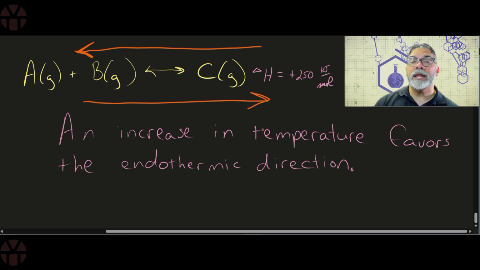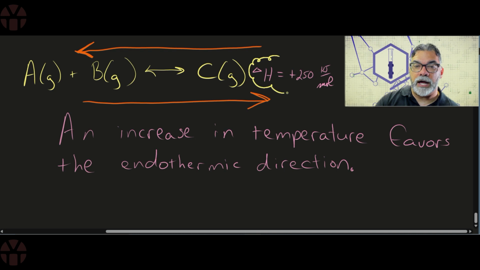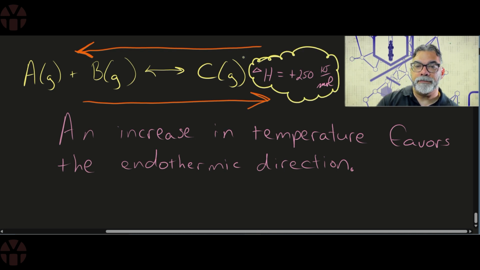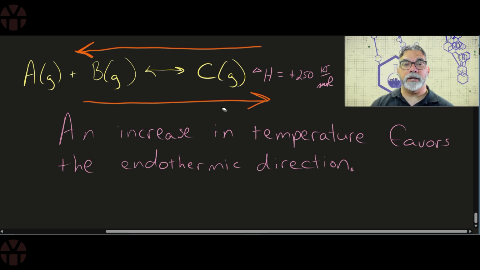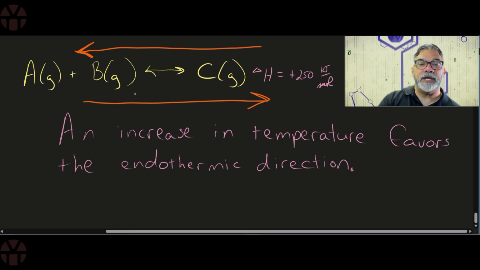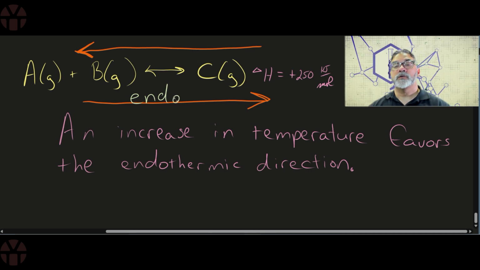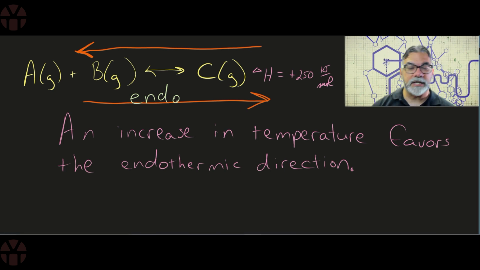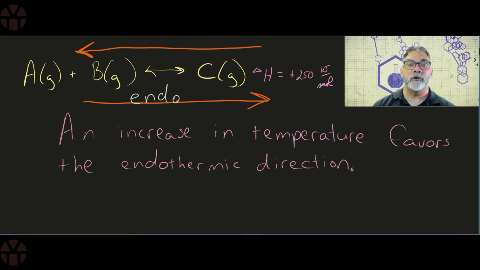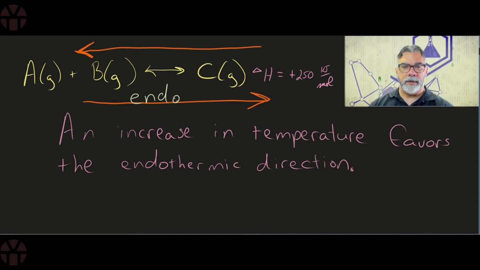Based off of the information given to us, when this reaction proceeds from reactants to products, it would be fair to say that this reaction is endothermic. So going from left to right is an endothermic process, where the reactants require energy in order to make products.